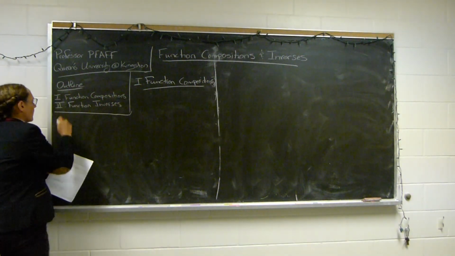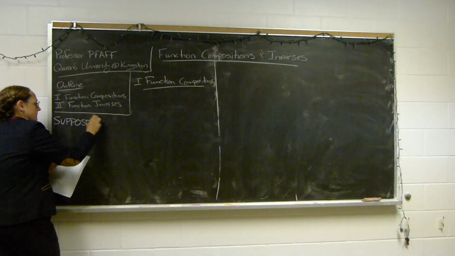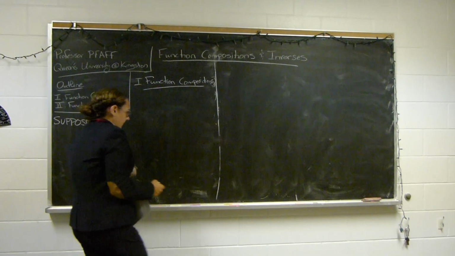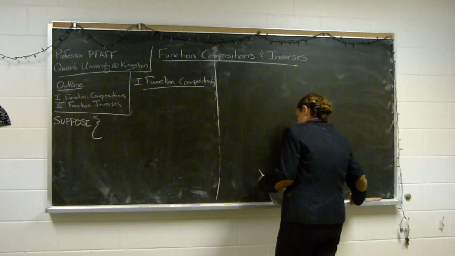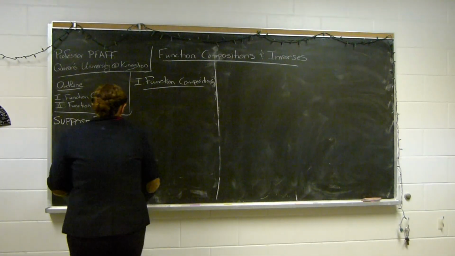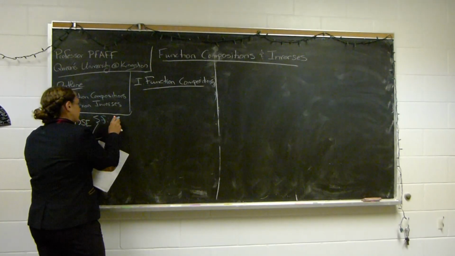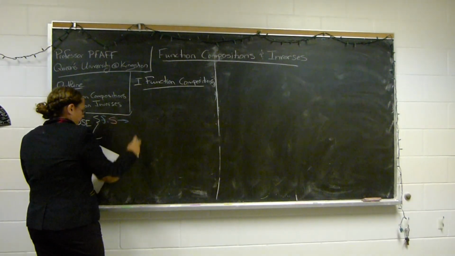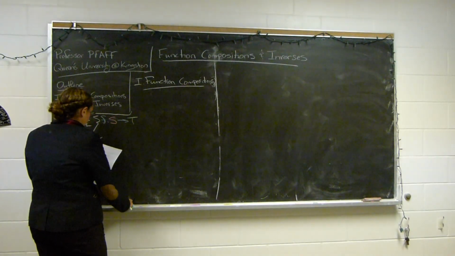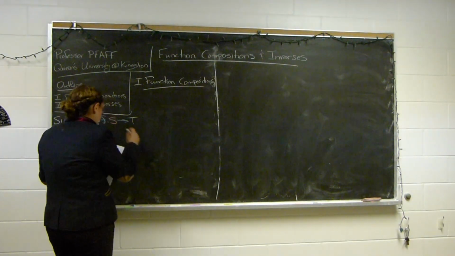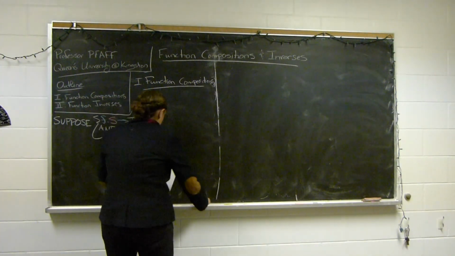Okay, and then we're going to suppose that we have some kind of function. So let's get my function colors. I'm going to have f going from S to T. And then I'm going to need a second function, which is going to be g.